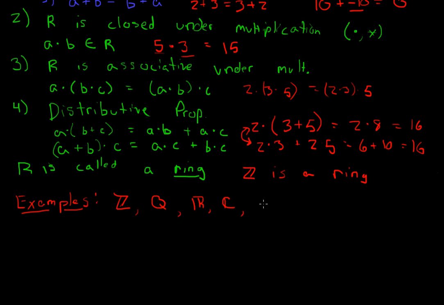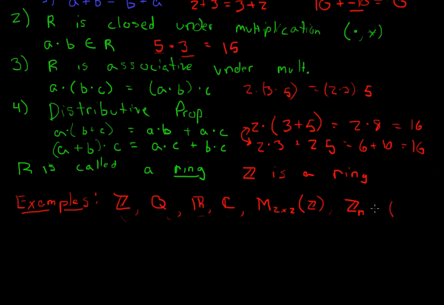If you want to get a little more crazy, you could say the set of all 2 by 2 matrices whose coefficients come from really any of these. We could say Z, since we just walked through that. So the set of all 2 by 2 matrices whose coefficients are integers will form a ring. If you want to get a little more crazy too, you could say Z sub n.